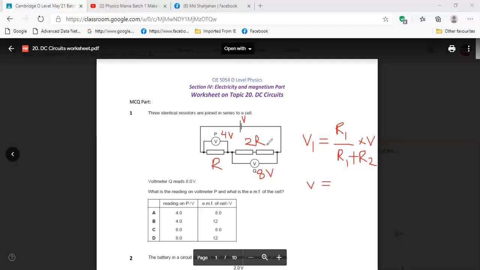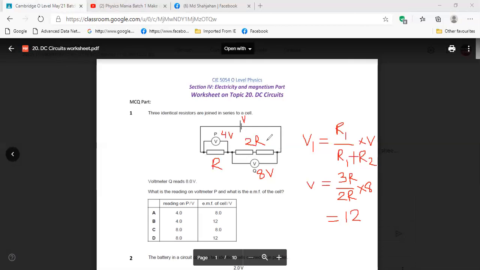So 3R divided by 2R, multiplied by 8. You got it now? Yes, sir. So your answer is 12.